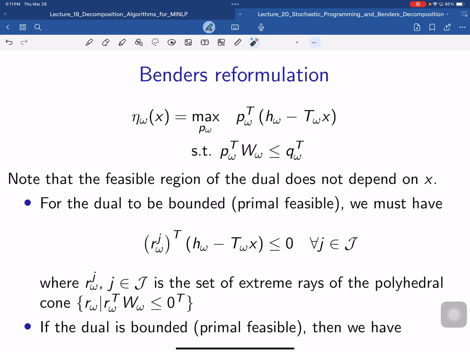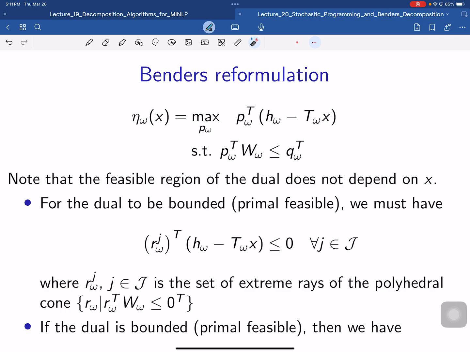So remember this primal dual correspondence: the dual is a lower bound of the primal, so if the dual is plus infinity, then the primal must be plus infinity. But since I'm minimizing, plus infinity just means infeasible. So if you want to pick the x that are primal feasible, then you must have the following: the product of the extreme rays with respect to the objective has to be less than or equal to 0.